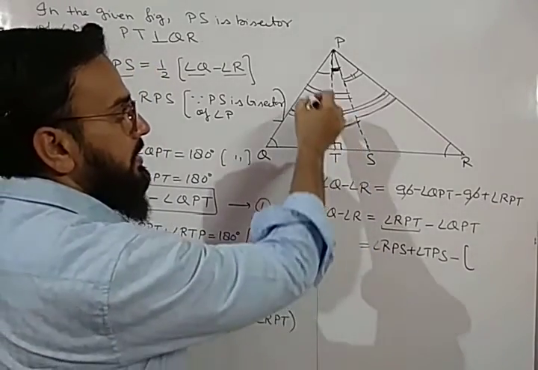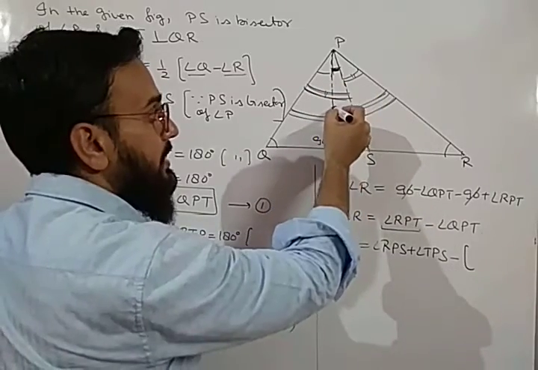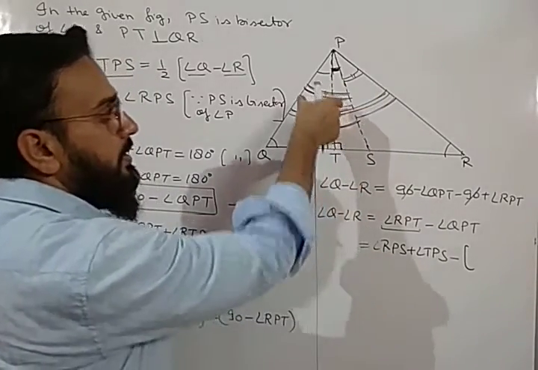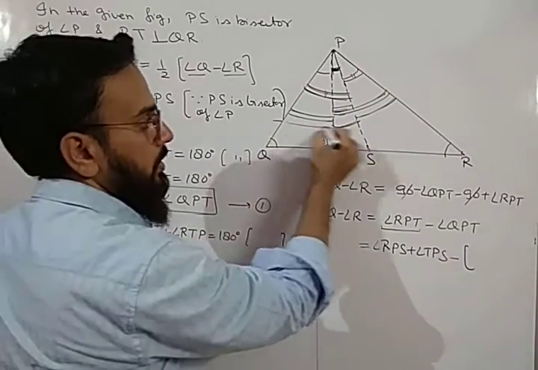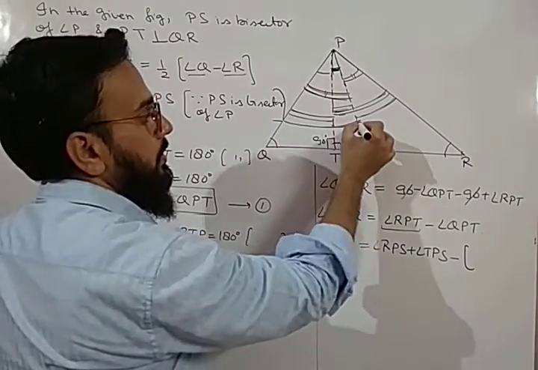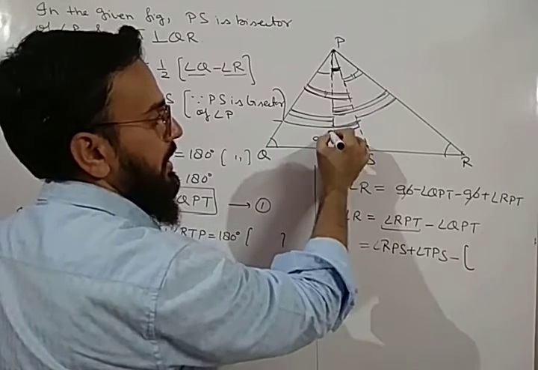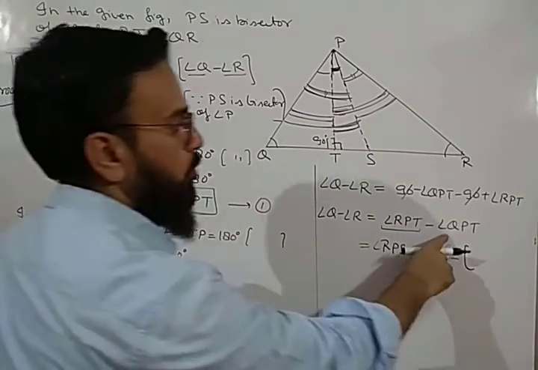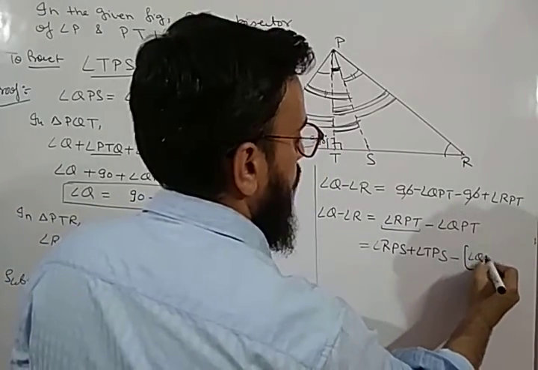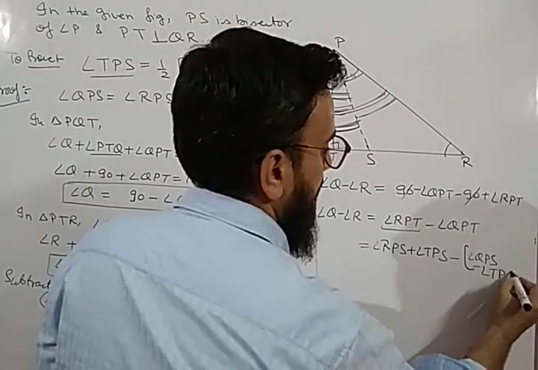You can write it as this complete angle, angle QPS, minus angle TPS. If you subtract angle TPS from QPS, then you will get this angle QPT. So at the place of QPT, I am writing angle QPS minus angle TPS.